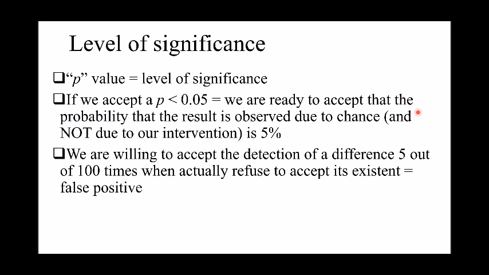So we are okay to ignore that difference, despite it being present, because we think it's due to chance. At that point, we reject the null hypothesis and accept the alternate hypothesis. So we're willing to lose 5% despite it being positive. That's why we call it a false positive.